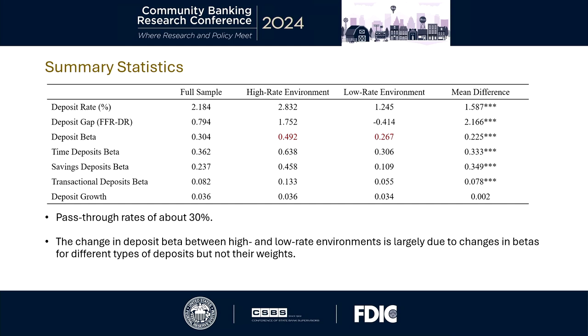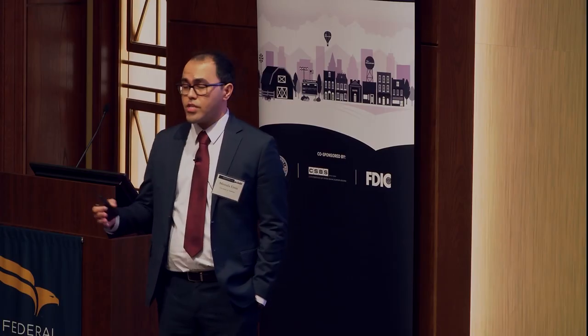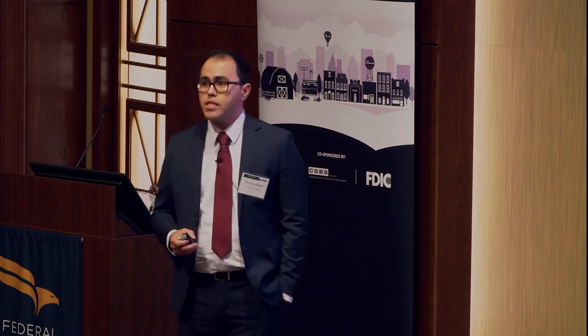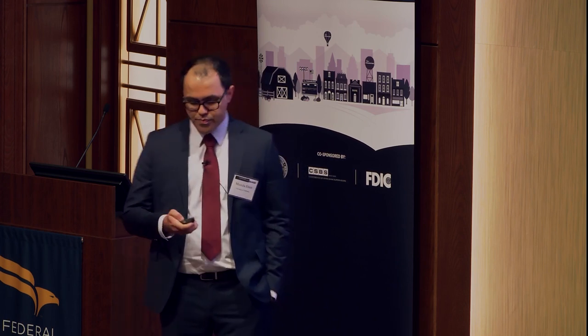And we also look at the decomposition of deposits because over time, after the global financial crisis, we see a trend that the weight of time deposits increases while the weight of savings deposits declines. But regardless, whether we calculate the deposit beta for time deposits, savings deposits, or a traditional transactional deposit, we find that in low interest rate environment, deposit betas are lower.